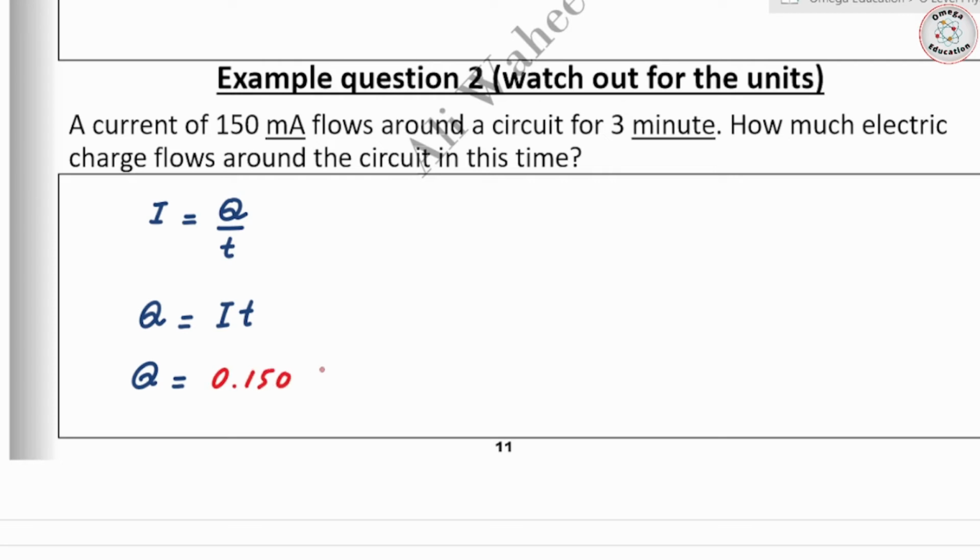So 3 minutes equals 3 times 60 seconds, which is 180. Now all you got to do is hit it on the calculator once again. 180 times 0.150, 27. So the answer that we get for this one is 27 coulombs.